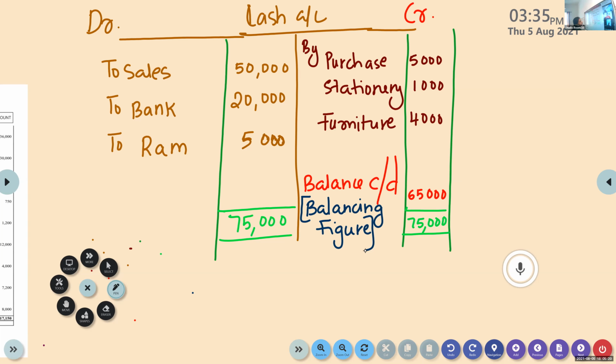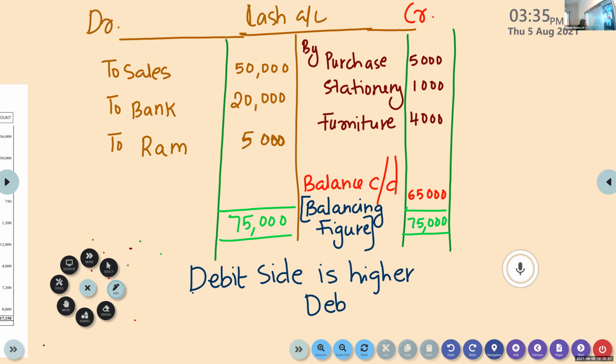Now, let me tell you, what does this mean? This is the cash account. And we know that debit side is higher. You know that, no? The total was 75,000. Debit side is higher. So this means that the cash account is having a debit balance.